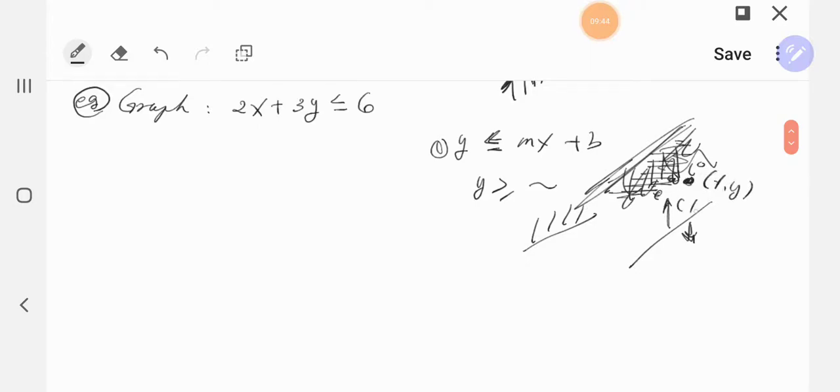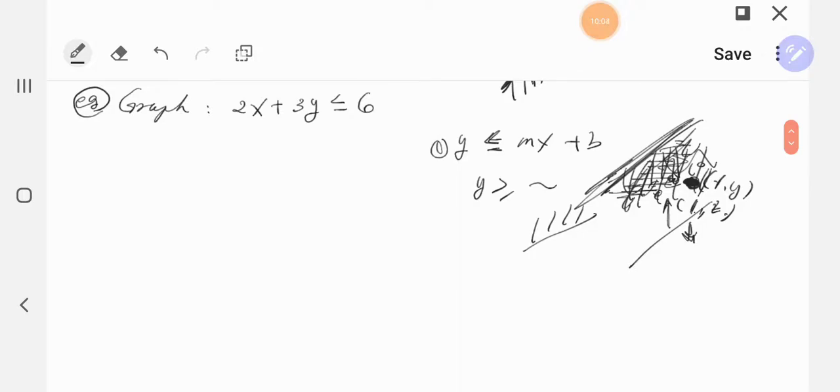So if this point is 1 and 2, plug in 1 and 2 for x and y, and the inequality must be true. Then this is a solution, and the whole area on this side is the solution. That's another approach to selecting either above the line or below the line.